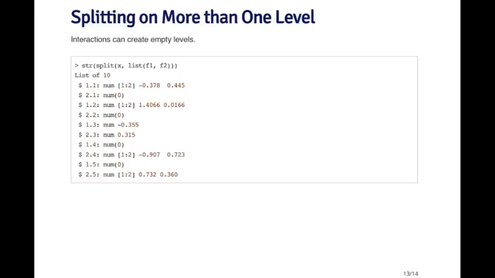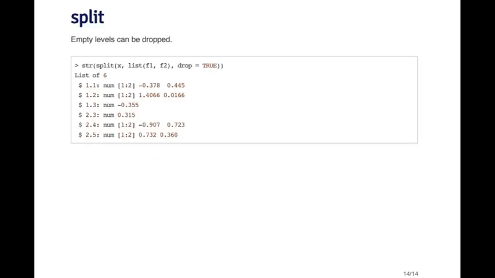So first I could take this list and then lapply or sapply a function over it if I wanted to. But sometimes it's a little bit handy to not have to keep these empty levels. So the split function has an argument called drop, and if you specify drop equals TRUE, it will drop the empty levels that are created by the splitting, and this can be very handy when you're combining multiple different factors.